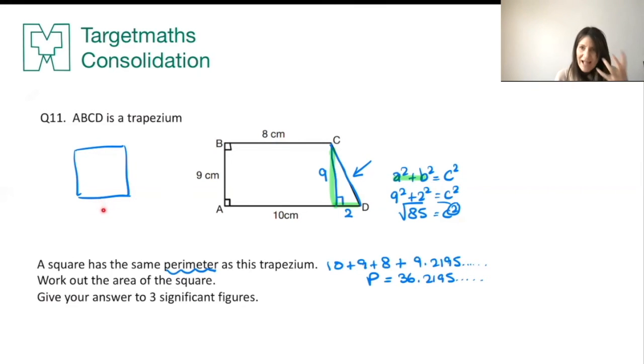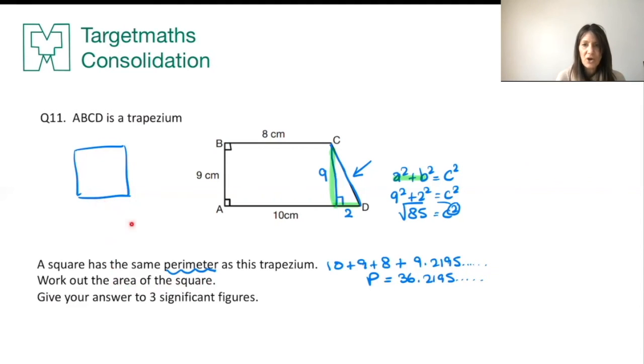What do I know? That's this process. I know all the edges are equal. So 4 times whatever one of these is going to help me find the edge. And I need the edge because the actual question is to find the area of the square.